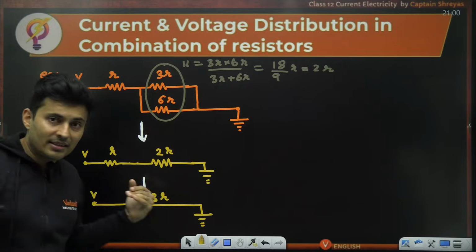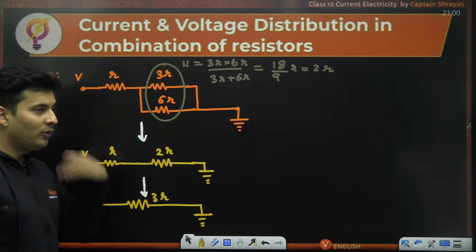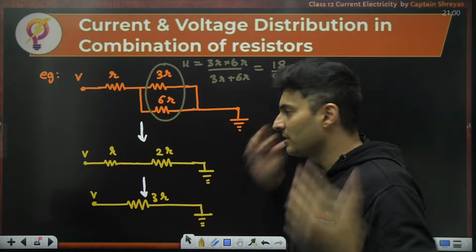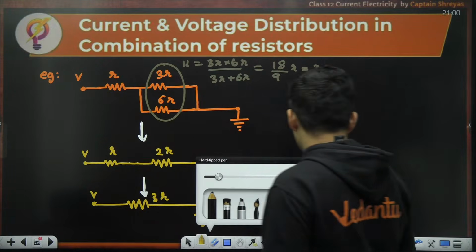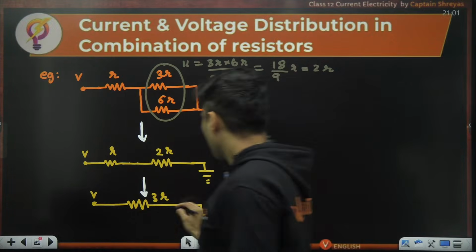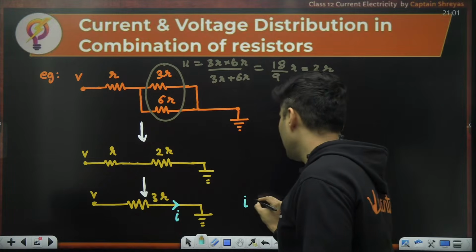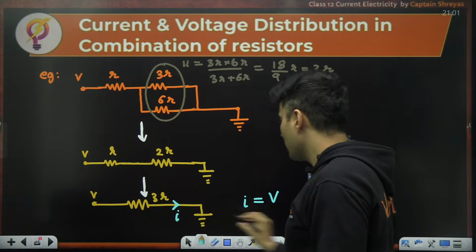Now, once you get this, keep in mind, you have to do exactly the reverse to find the current distribution or voltages. What do I mean by that? Observe. First of all, over here, if you ask me how much current is flowing, I can say current is voltage by resistance. Voltage is V, because this is 0 volts, by resistance.